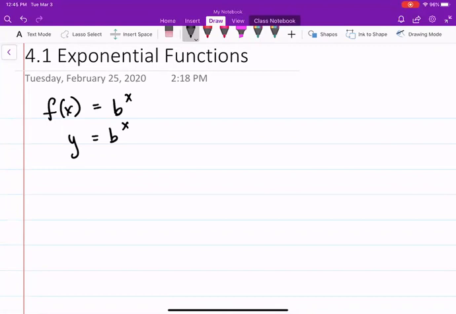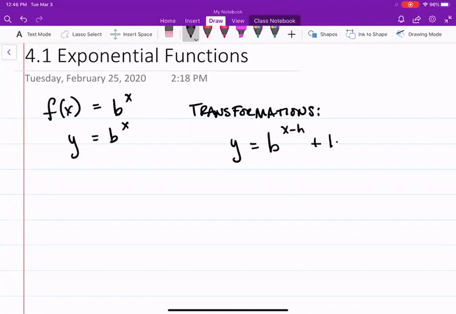So essentially, when we talk about transformations, we're going to use probably y is equal to b raised to the x minus h plus k.